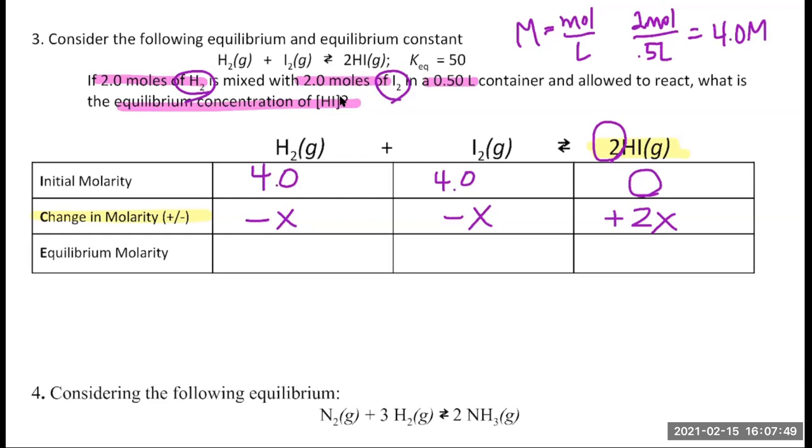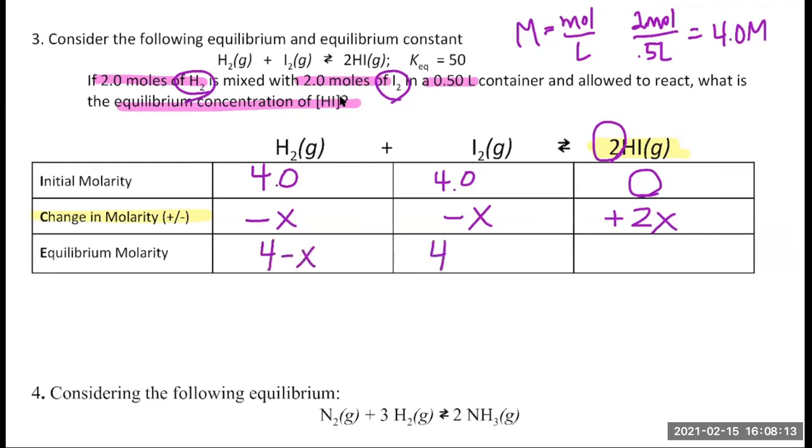Okay, so at this point, sometimes you have enough information to solve for x, but it looks like this time we don't. So things are going to be solved with relation to x in the KEQ equation. So I read this like a statement for hydrogen, 4 minus x. That's what I have here at equilibrium.